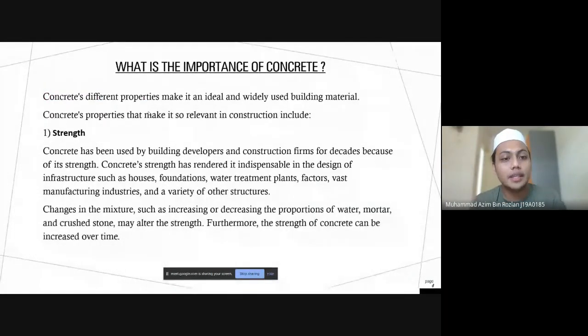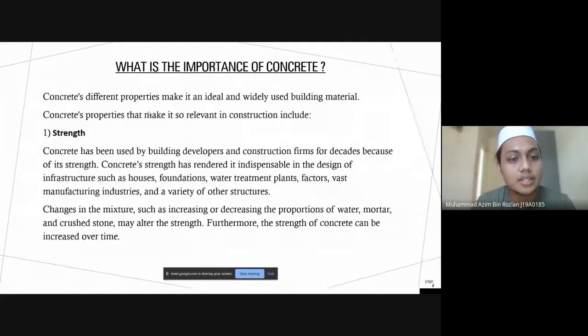Okay, what is the importance of concrete? Concrete's different properties make it an ideal and widely used building material. Properties that make it so relevant in construction include strength, durability and versatility. For the first one, strength. Concrete has been used by building developers and construction firms for decades because of its strength.